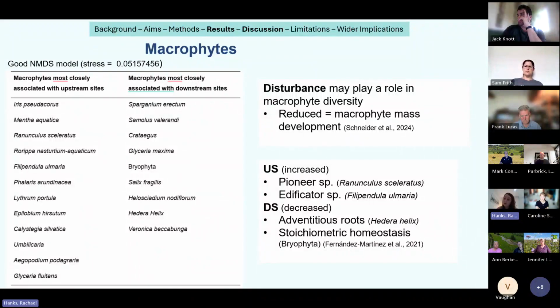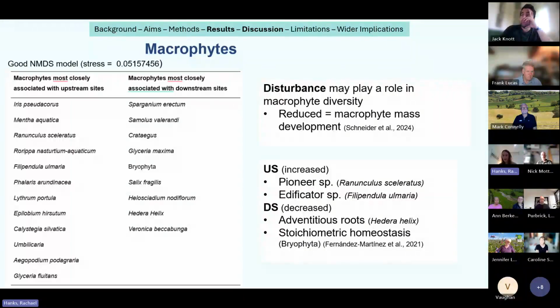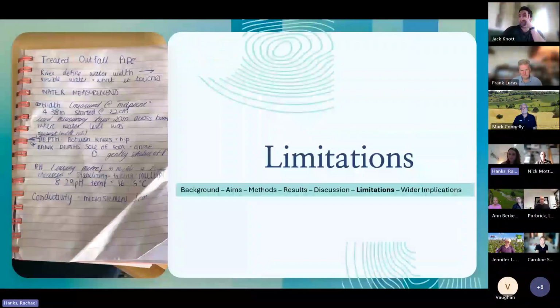And downstream, where there was decreased disturbance, in farmers' fields, etc., I saw plants with adaptations to developed communities. So ivy, with its adventitious roots, climbs up trees. It depends on a dominant community, something that's well established. And also the Bryophyta, so the moss, that's capable of surviving in really high nutrient levels due to the stoichiometric homeostasis that it can carry out.